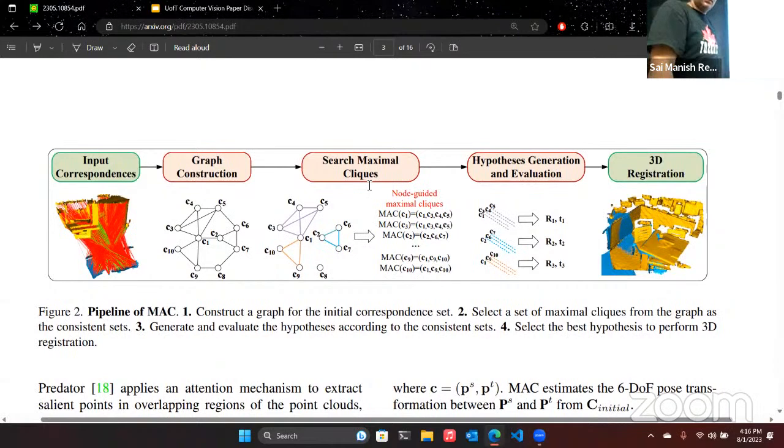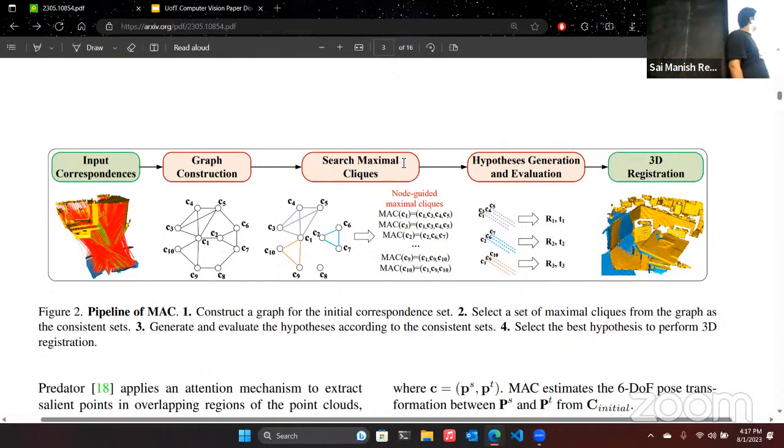I think you might be familiar with what cliques are, but let me go over that real quick. A clique is a set of points which are all connected to each other in a particular graph. If you see this set of 4 points, each of them is connected with each other. So this is a clique, and similarly this is a clique, and these four are cliques basically. Now going over the difference between the maximal and maximum clique.